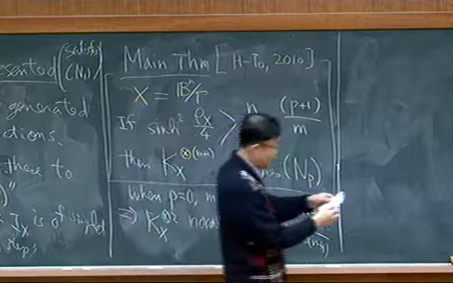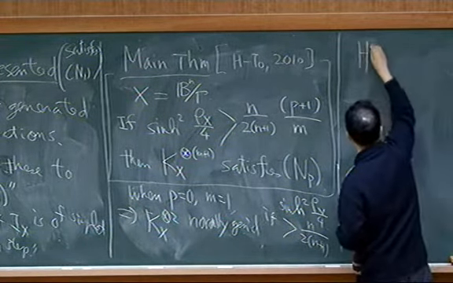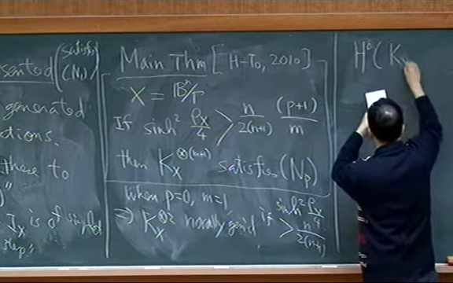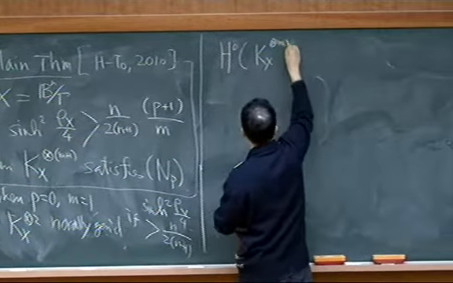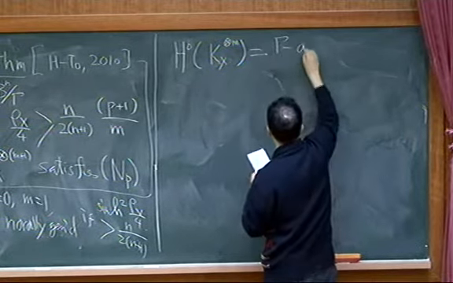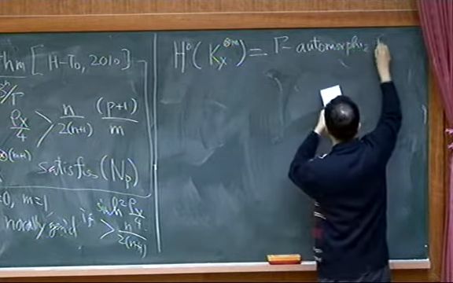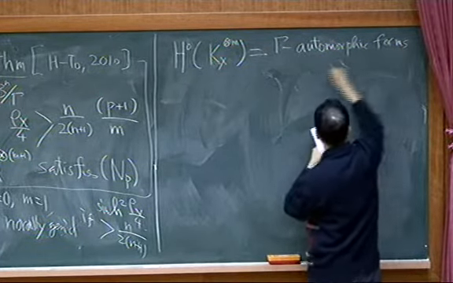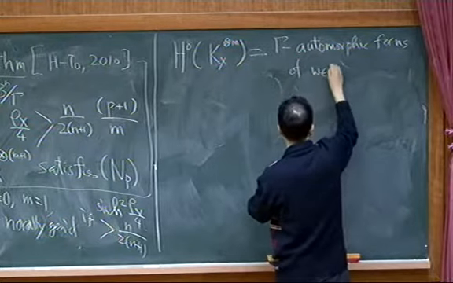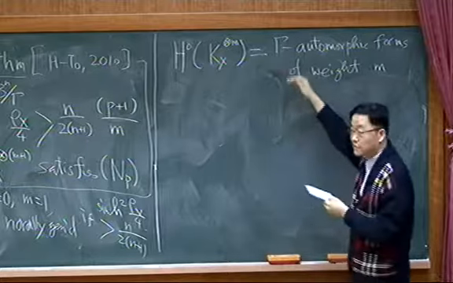And you can write it down more classically. The sections of K_X tensor m are classically called Gamma automorphic forms, an object studied by, like, number theorists.